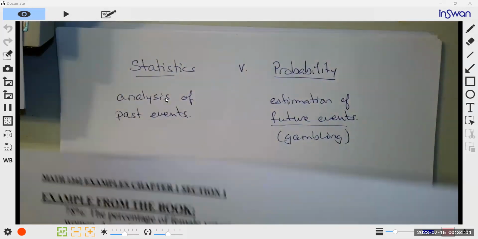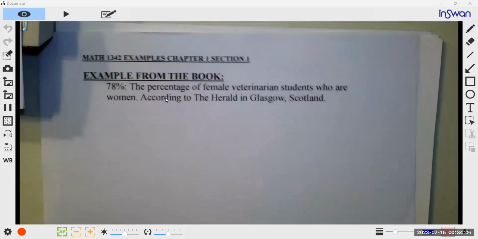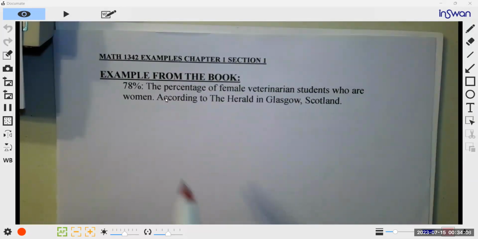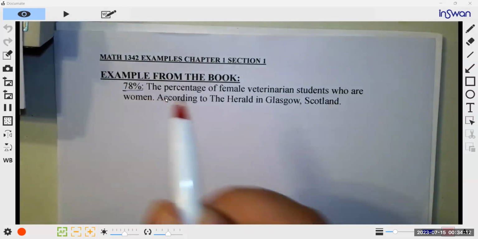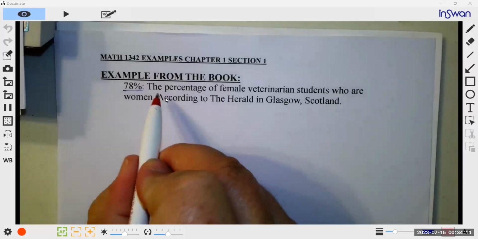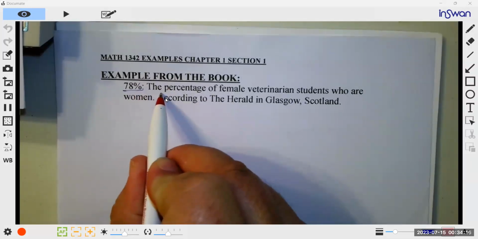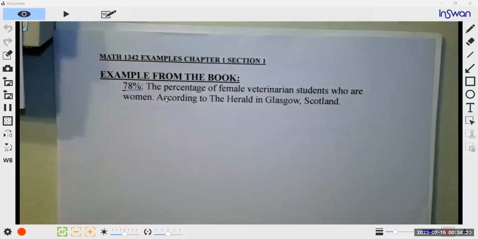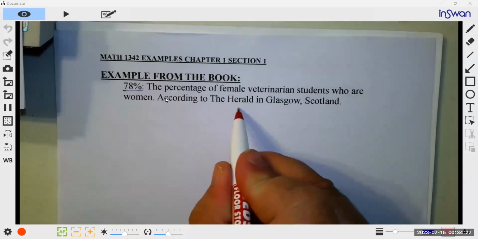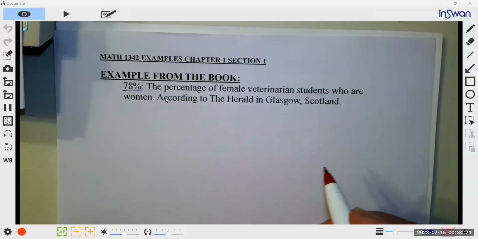And here's an example. This is when I showed my class. This is an example from the book. What does 78% mean in this case? 78% is the percentage of female veterinarian students who are women. This is according to the Herald in Glasgow, Scotland.